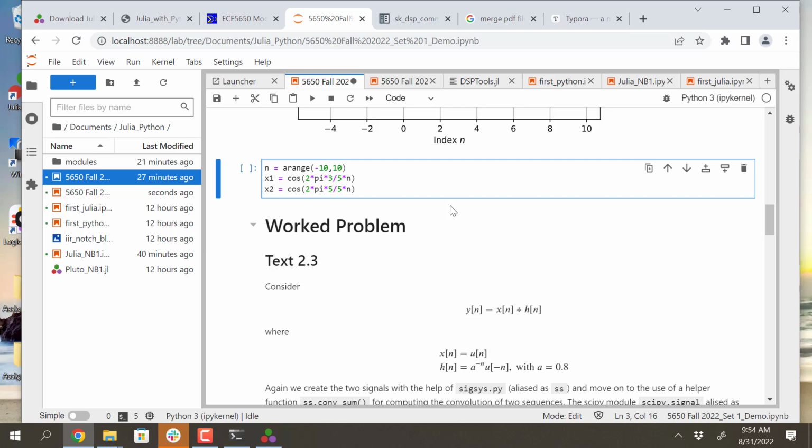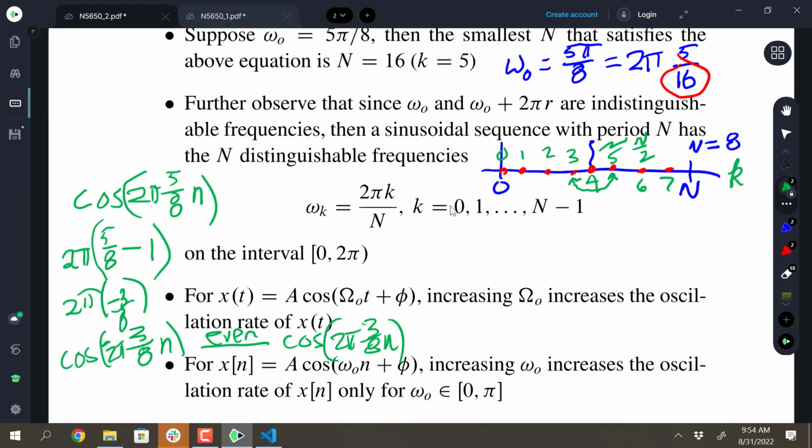That's not what we did, though. What did we do in the example? I want to go back and repeat that. I started with cosine 2 pi 5 over 8 times n, and then ultimately I came along and said 2 pi 3 over 8 is the same as 2 pi 5 over 8, because I was trying to say those were the same, right?